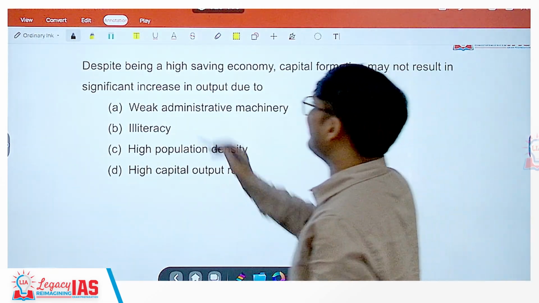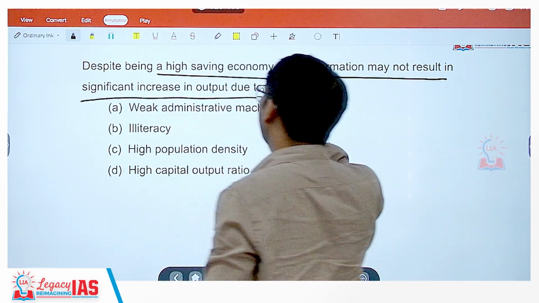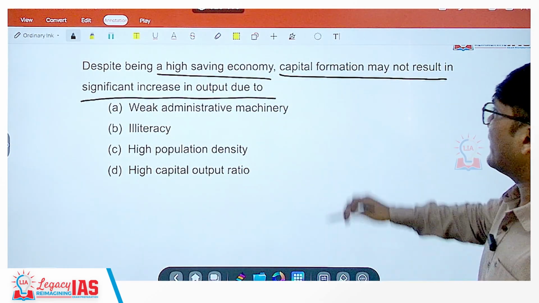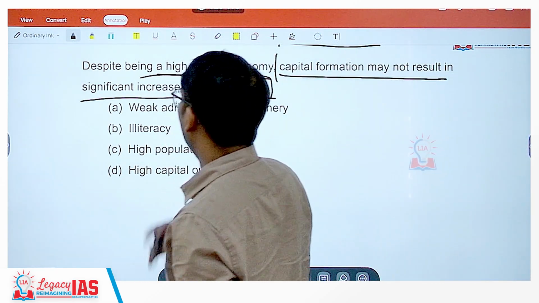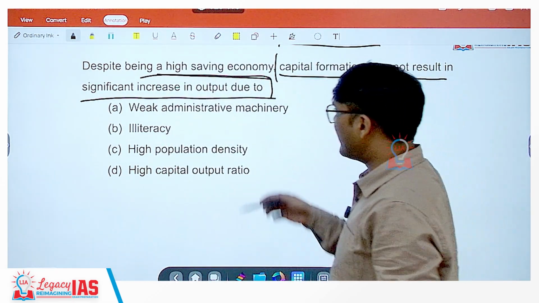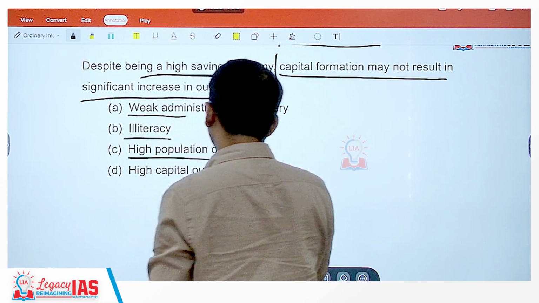Despite being a high saving economy, capital formation may not result in a significant increase in output. Due to what? Due to weak administrative machinery, due to illiteracy, due to high population density.